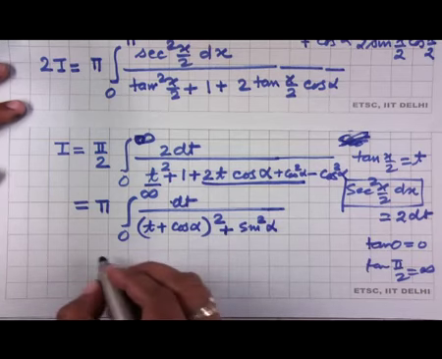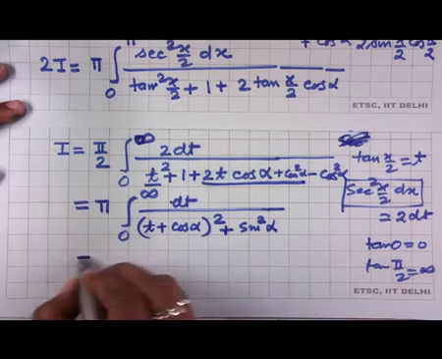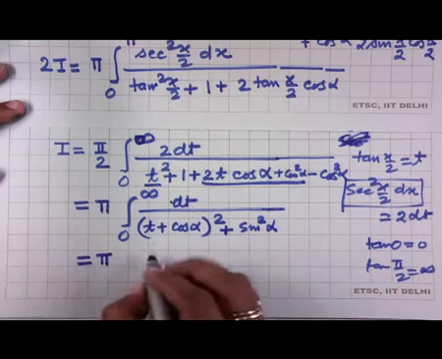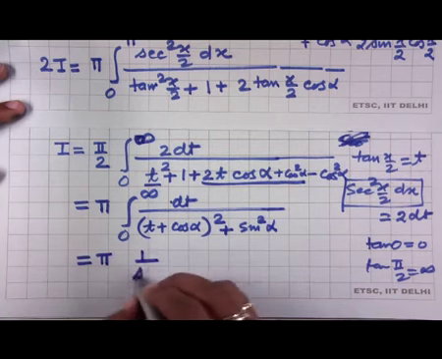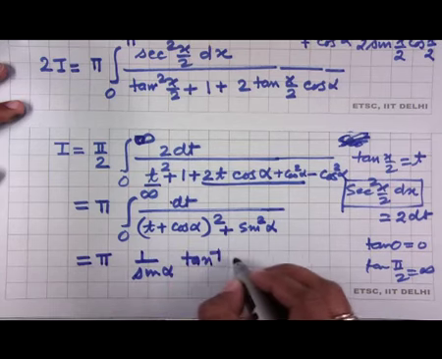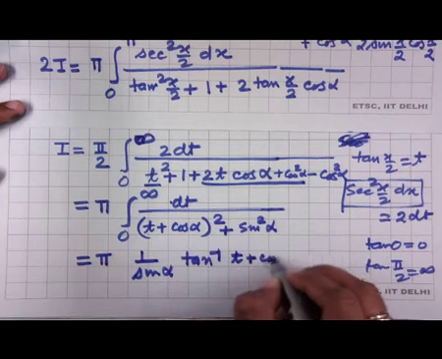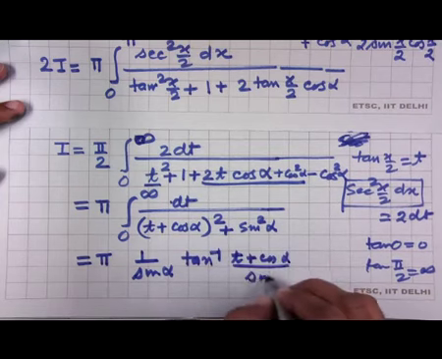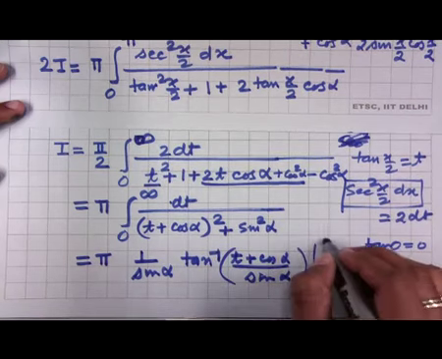So this is of the kind 1 upon a square plus x square. So the value of this integral you can write as 1 by a tan inverse of t plus cos alpha by sin alpha, limit from 0 to infinity.